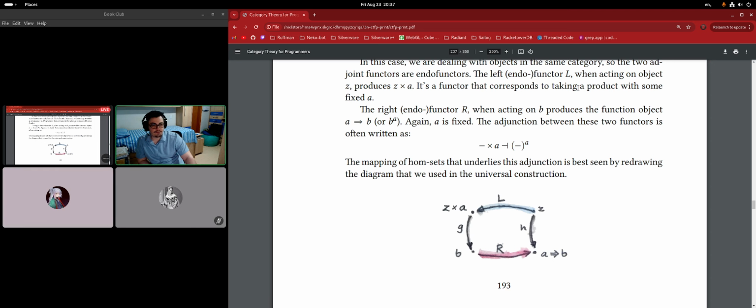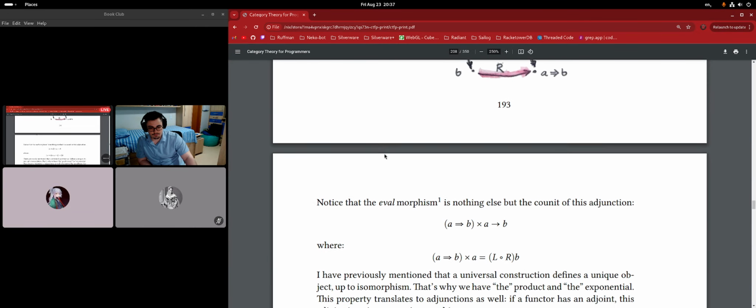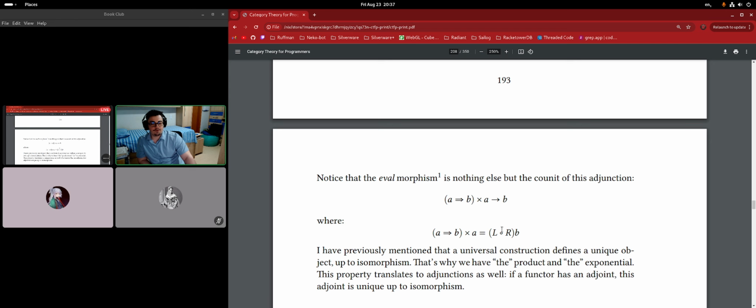L is a functor that when you give it an object, it produces the object with A. So that means if you start with B and you apply R, you end up with this function A, with the double arrow going to B. And if you apply L to it, you end up with an A with a double arrow going to B, paired with A. And then you can apply G to get back to B. Oh, I see what you said. Okay, so what you said ended up in here.